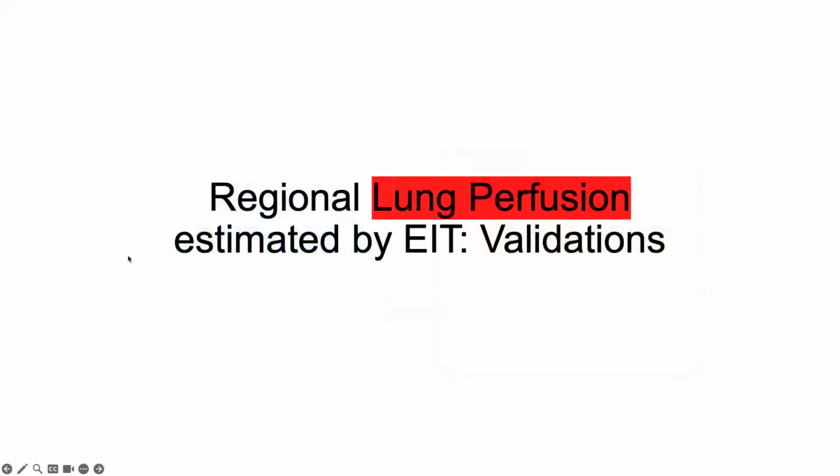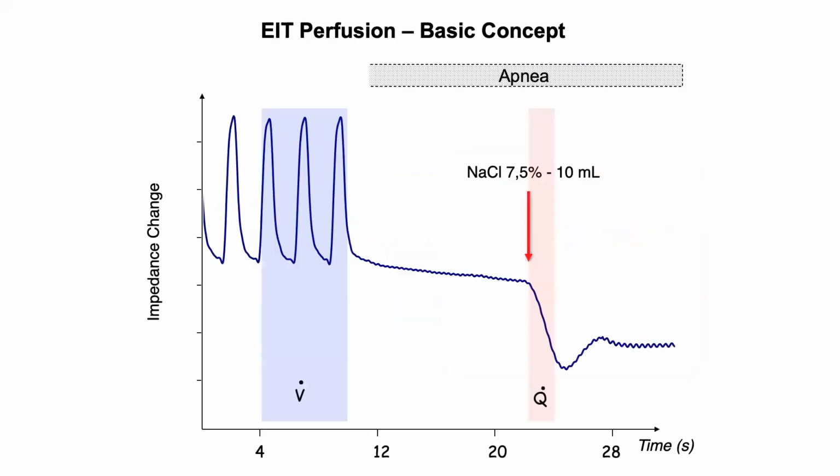Now, I'm going to introduce some basic principles of perfusion assessment using the EIT and why assess regional lung perfusion. Because an efficient gas exchange is the result of an intimate matching of regional ventilation and regional perfusion across the alveoli.